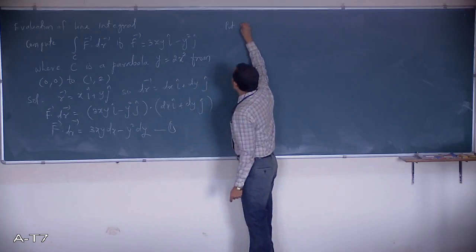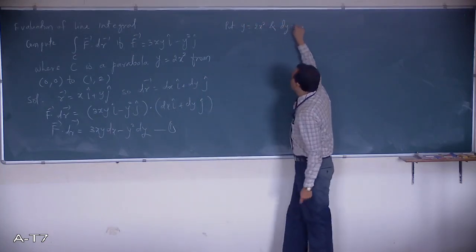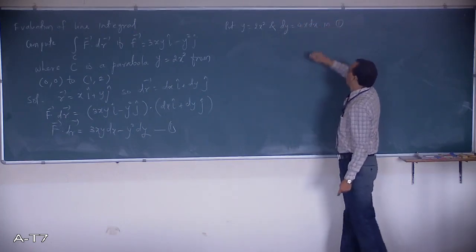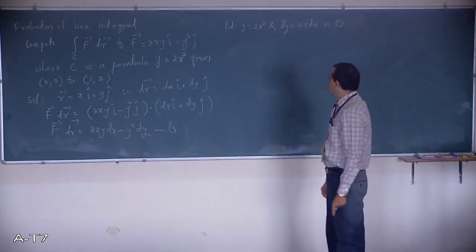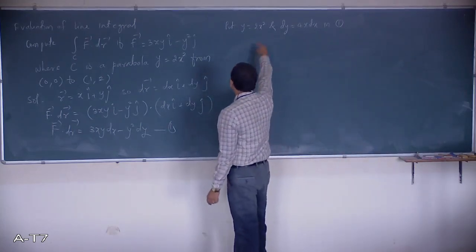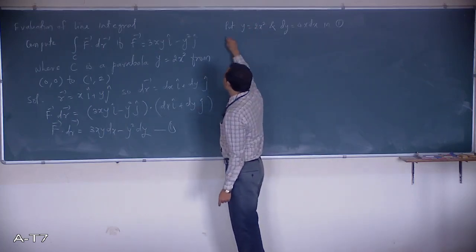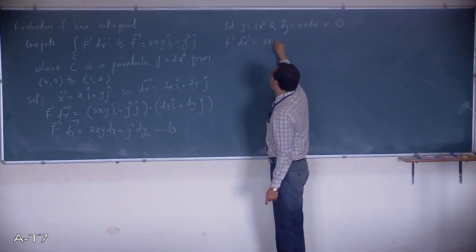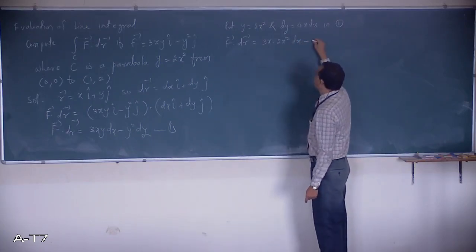So put y is equal to 2x square and dy is equal to 4x dx in 1, because that is the differential of y with respect to x. When you put that in 1, we get 3x into 2x square dx minus y square. So what is y square?